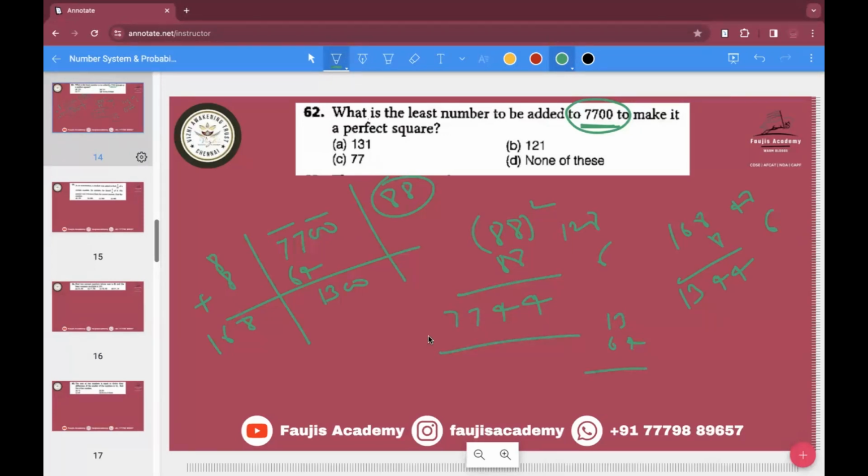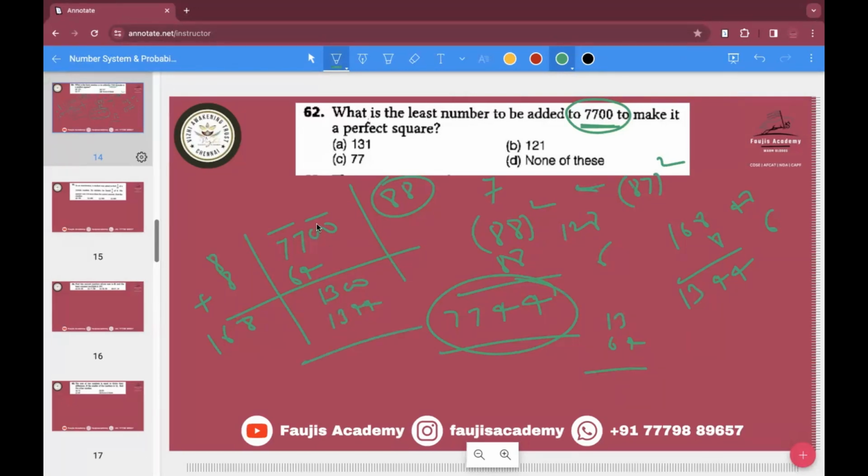This is the nearest square, right? You do 87 square as well on that side. That's way below this. I don't know if it is even crossing 6,000 or not. So what is that number, guys?